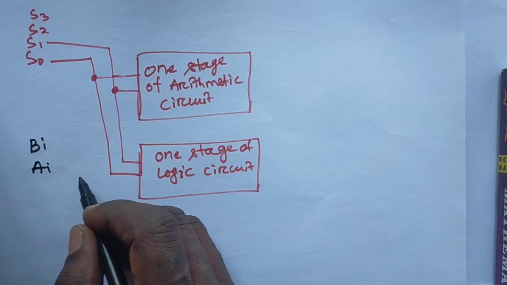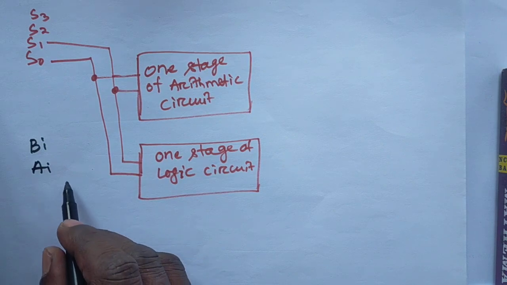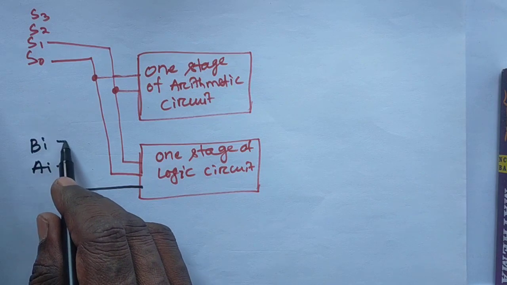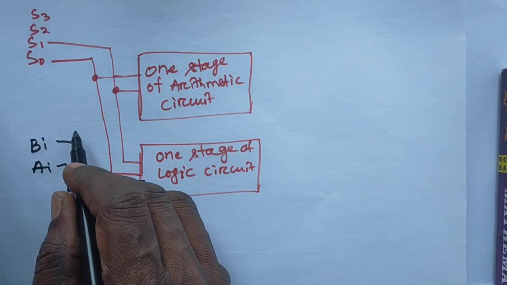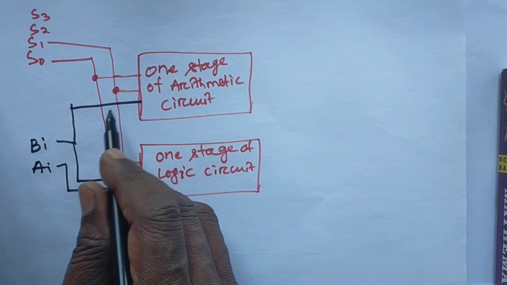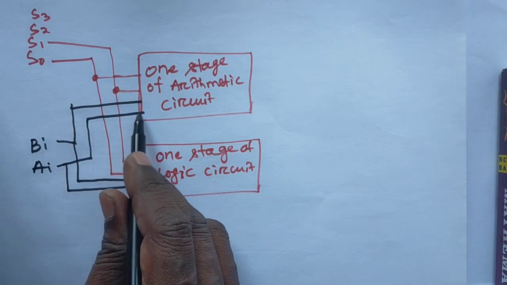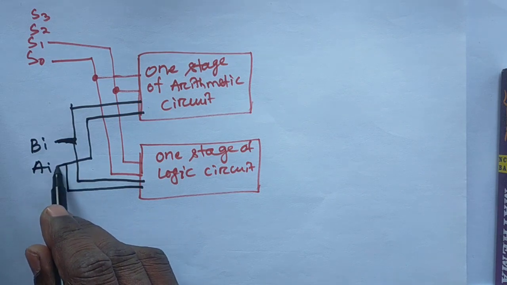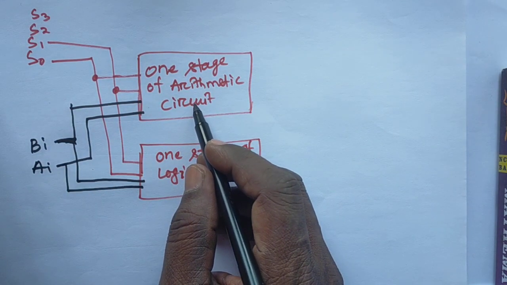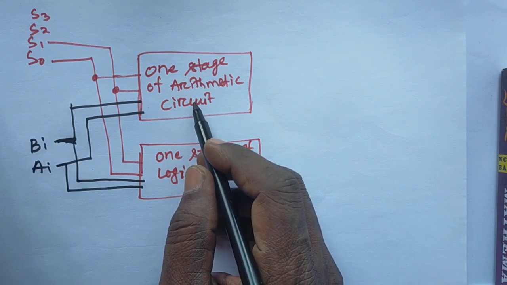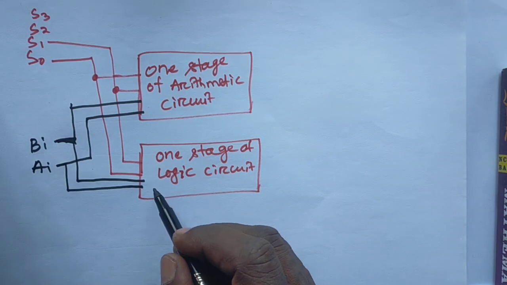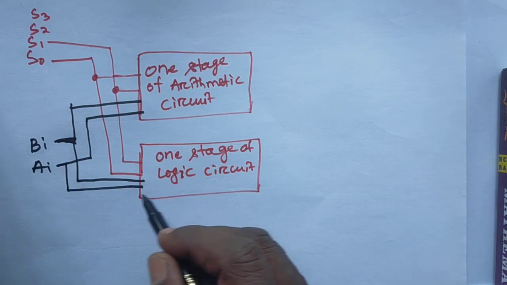Those inputs we will provide to the logic circuits and also to this. These AI, BI are the inputs for the arithmetic circuit, and AI, BI are also considered for the one stage logic circuit.